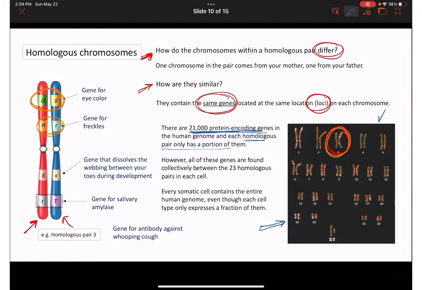So if we look over at this karyotype, maybe homologous pair 1 only contains 1,000 of those protein encoding genes. And then pair number 4, maybe that contains 4,000 of those protein encoding genes. So each pair only contains a fraction of those, but collectively, all 21,000 of these protein encoding genes are located somewhere on these 46 chromosomes.